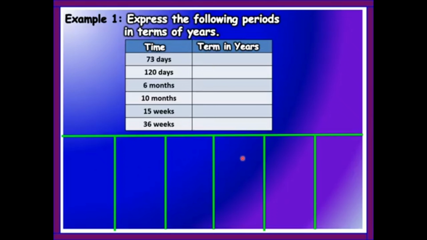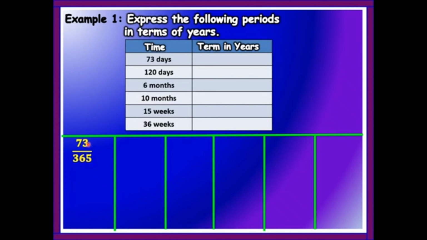So I have divided our working area into 6. This is for number 1, 2, 3, 4, 5, and 6. So let us start expressing 73 days in terms of years. So there are 365 days in a year.